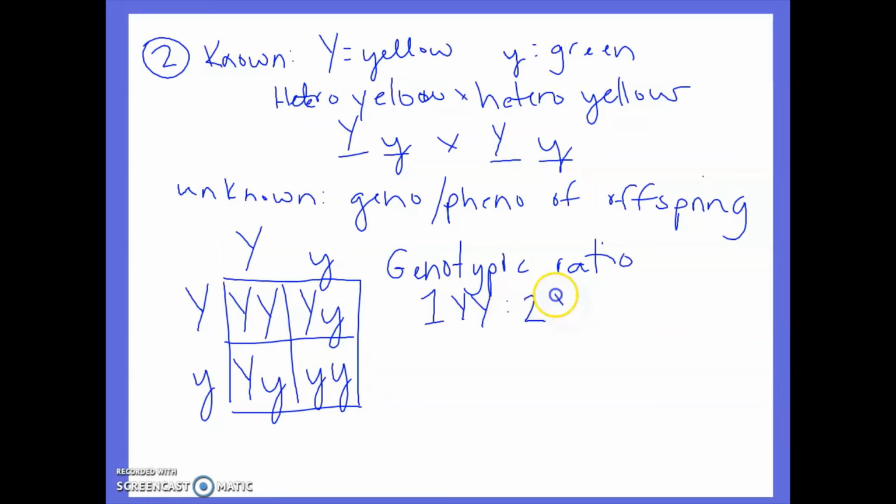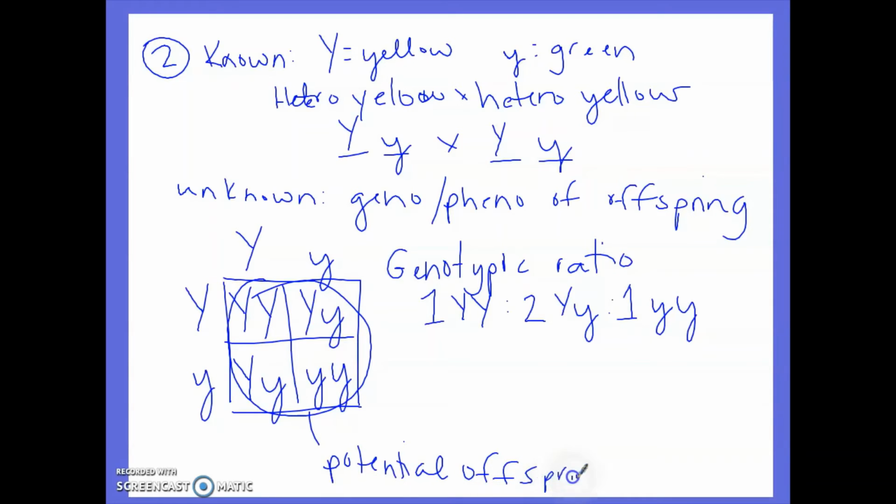I have 2 Yy, heterozygous, and then I have 1 lowercase y, lowercase y. I'm counting up all of the potential offspring. I could also say that I have 25% of the homozygous dominant, 50% of the heterozygous, and 25% of the homozygous recessive.